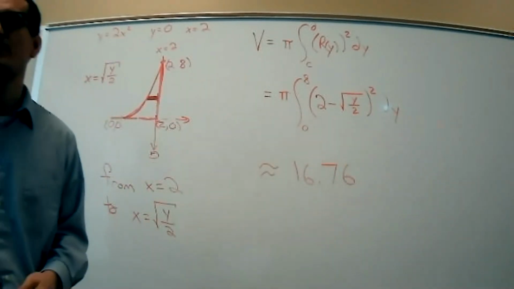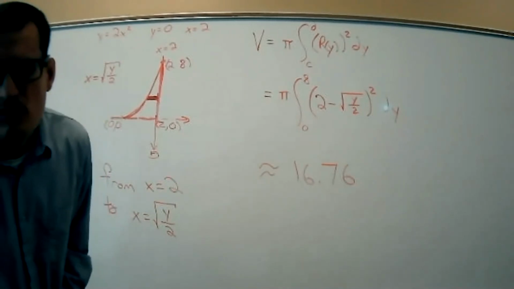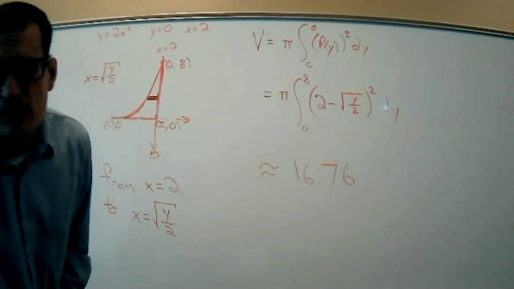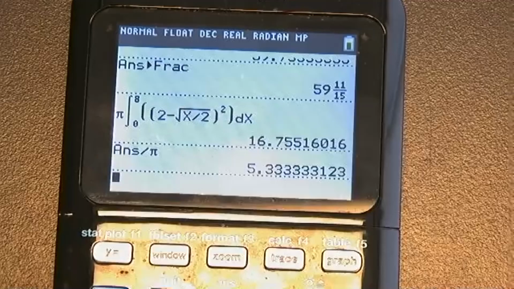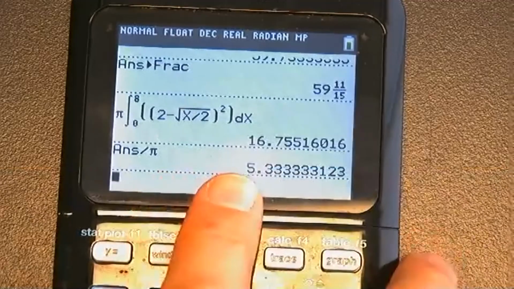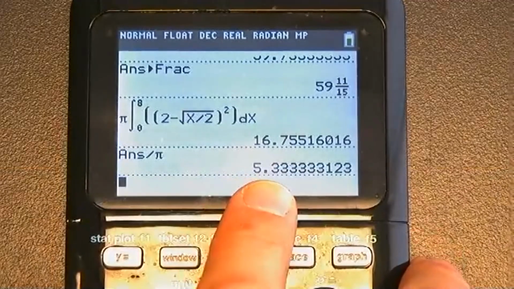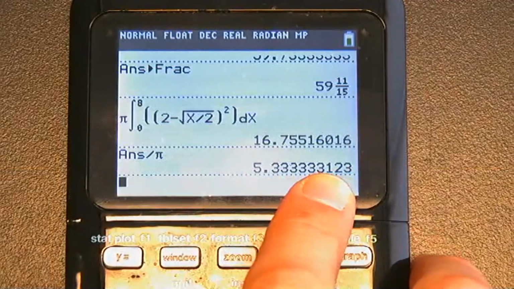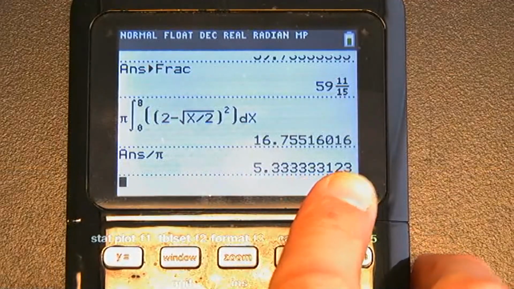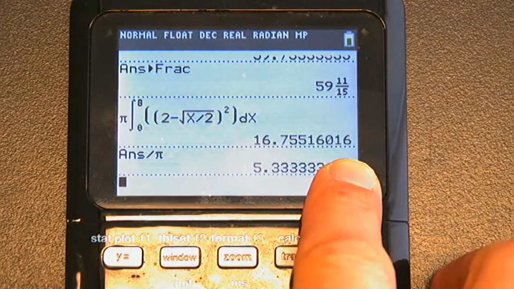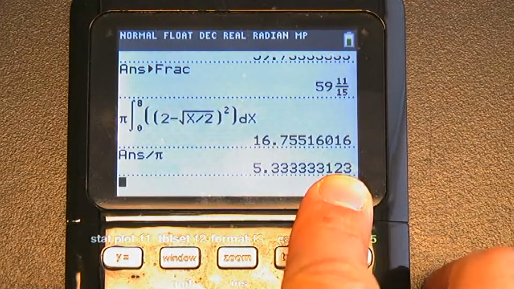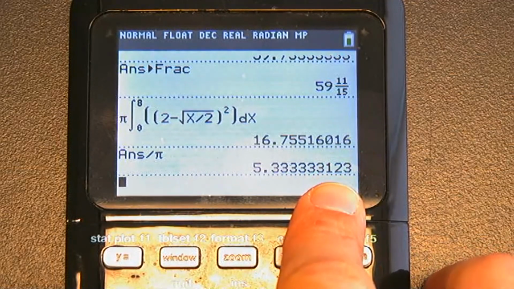All right. One last thing I want to mention is that if I try to get an exact answer by dividing by pi, we see that this is 5.333, and then I got 1, 2, 3 at the end. So it looks like it's supposed to be 5 1/3, but the decimal is off at the end.